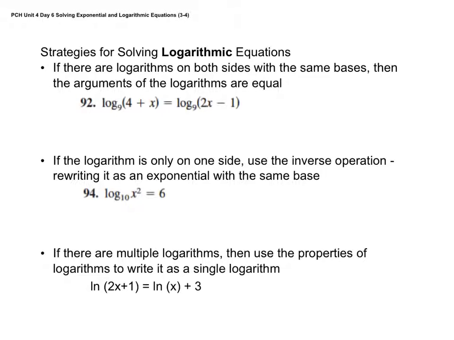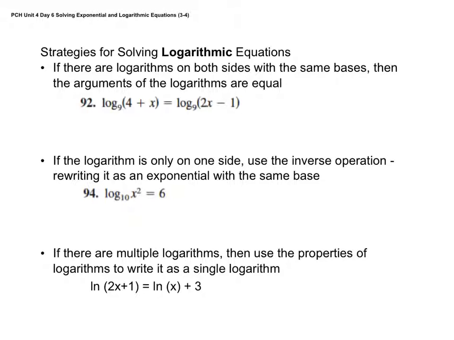When we're dealing with logarithms, we also have 3 cases, and these cases are actually very similar to the cases we had with exponentials. First of all, if we have a logarithm on both sides that have the same base, we can simply say that the arguments must be equal.